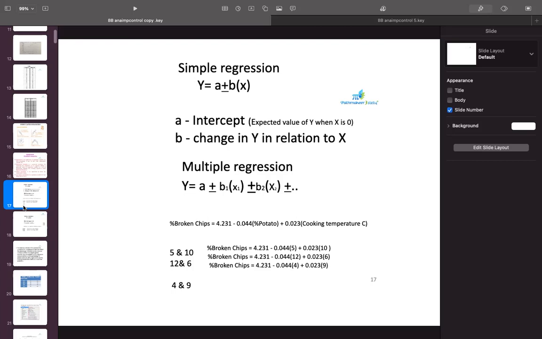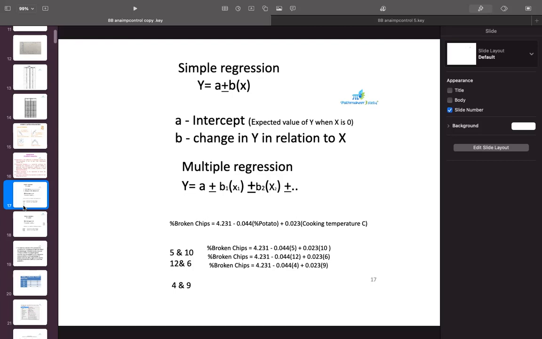If there is only one x, that is called simple regression. If there are many x's, that is called multiple regression. So we discussed the formula for that. y is equal to a plus or minus b of x, that is for simple regression. And then for multiple regression, y is equal to a plus or minus b1 x1 plus or minus b2 x2 plus or minus and so on, right?